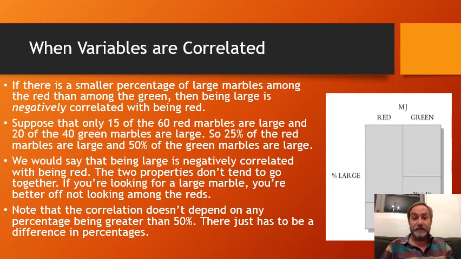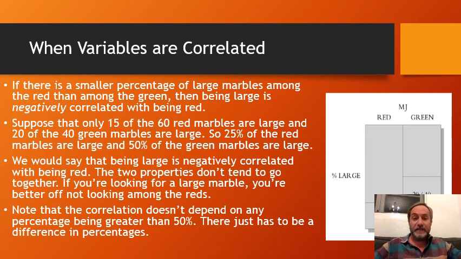If instead there were a smaller percentage of large marbles among the red than among the green, then we would say that being large is negatively correlated with being red. So let's suppose that only 15 of the 60 red marbles were large, but that 20 of the 40 green marbles were large. Doing a little math, 15 divided by 60 means 25% of the red marbles are large, and 20 divided by 40 means 50% of the green marbles are large.